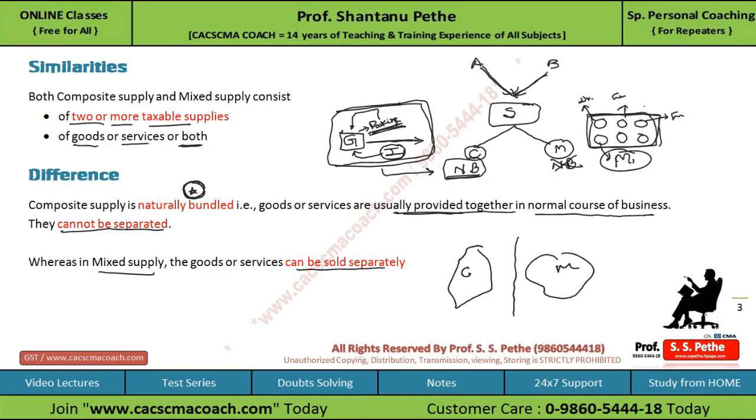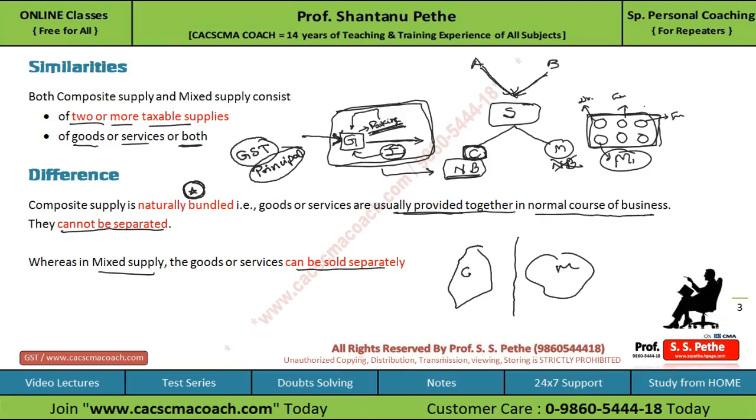Now, as far as tax liability under composite and mixed supply is concerned, this is very clear. In case of composite supply, you have to take the rate of GST applicable to the principal supply. In this case, the principal supply is the supply of goods, and after that you are doing packaging and insurance.